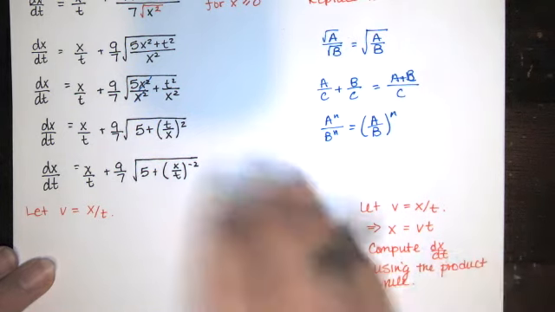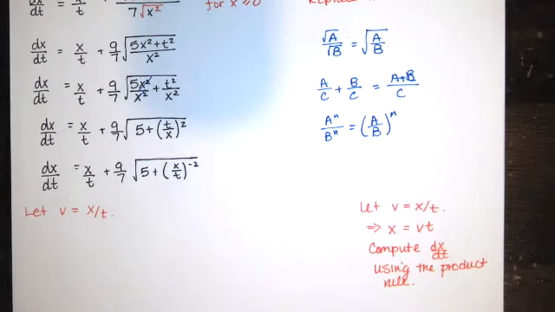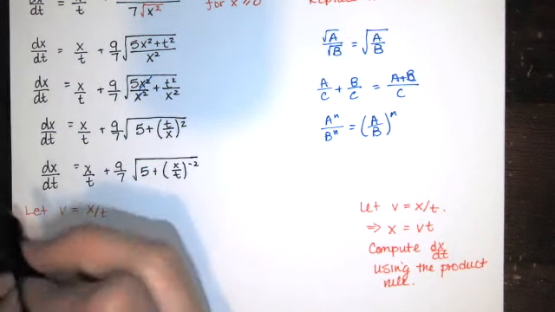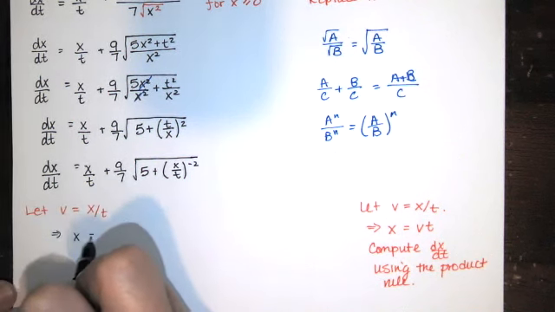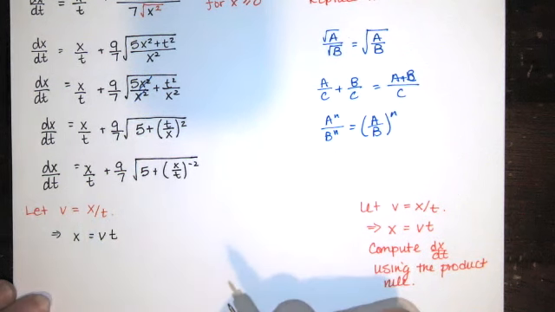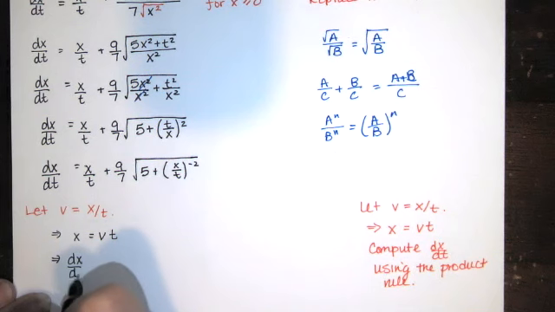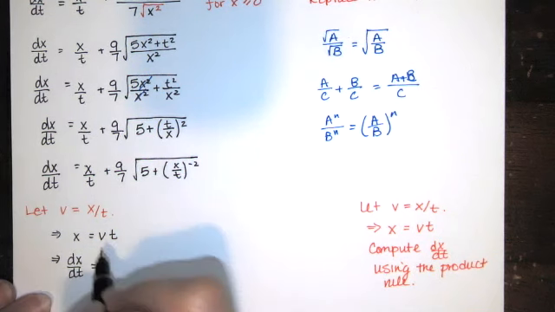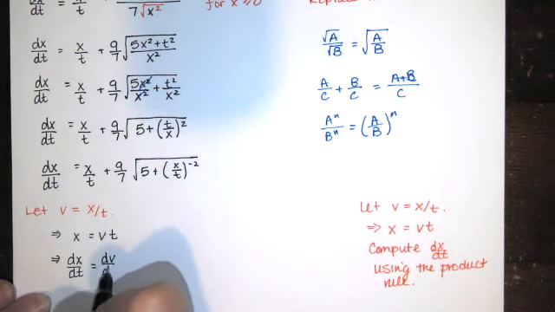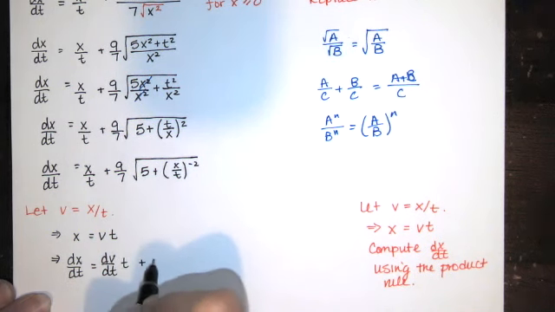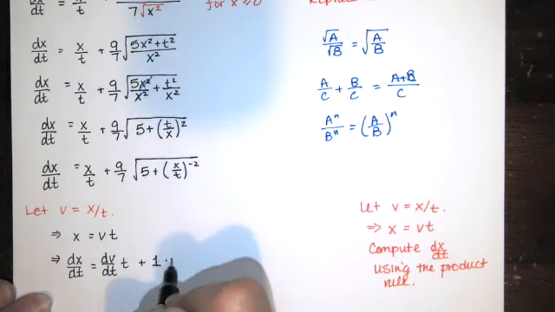We're doing all of this because we'd like to write this as a differential equation involving v and t rather than x and t. So if v equals x over t, that means x is equal to v times t, where v is a function of t. And that means dx dt is this according to the product rule: derivative of the first times the second plus the derivative of the second with respect to t times the first.